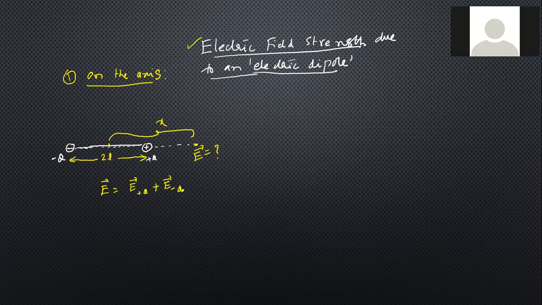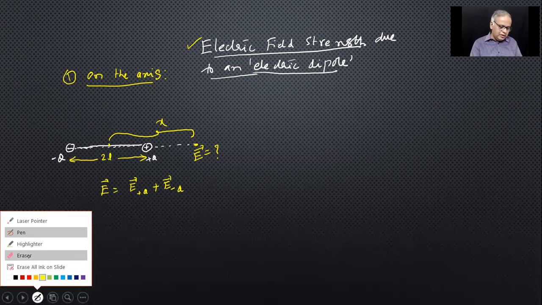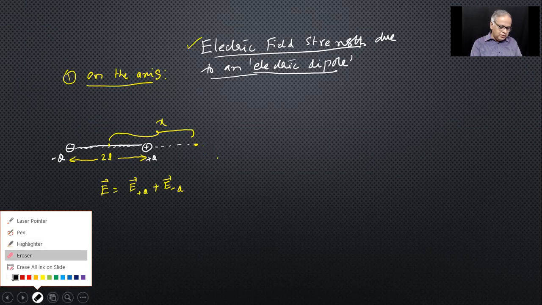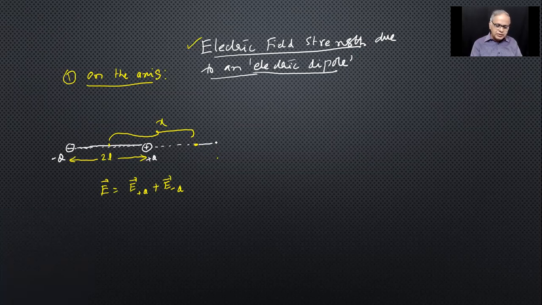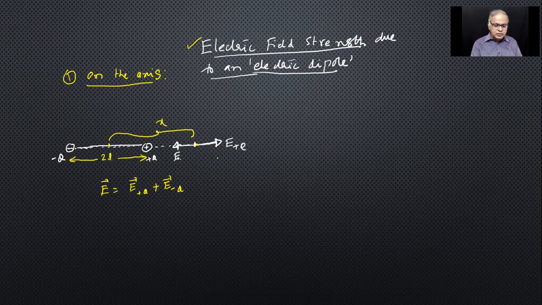E due to plus q, if you check, it will be like this, a repulsive field. E due to minus q is towards it. Isn't it so?